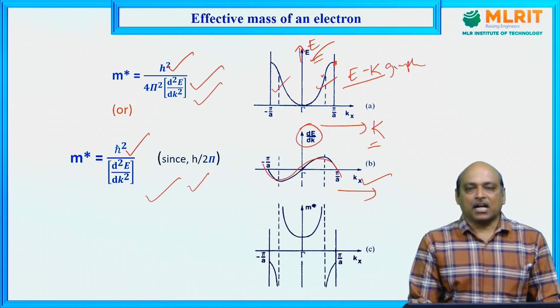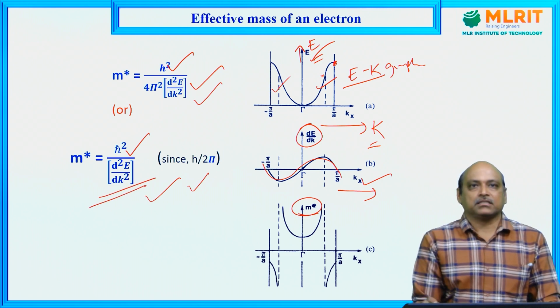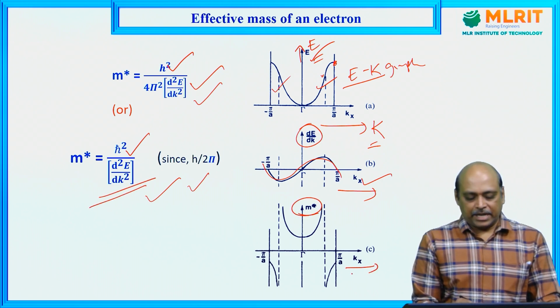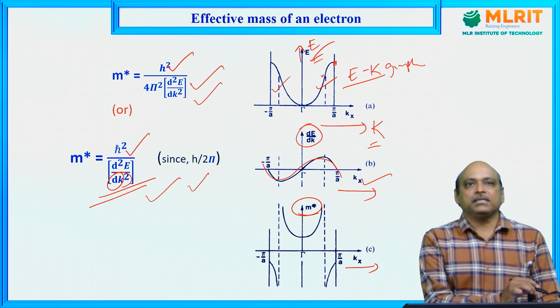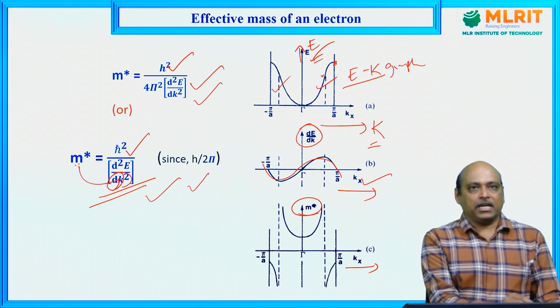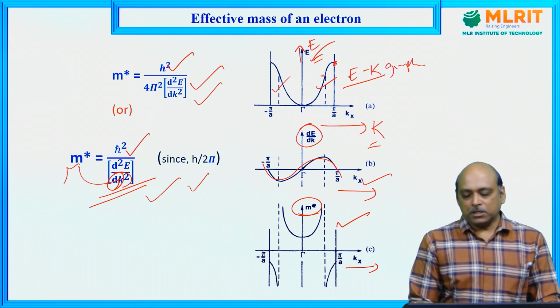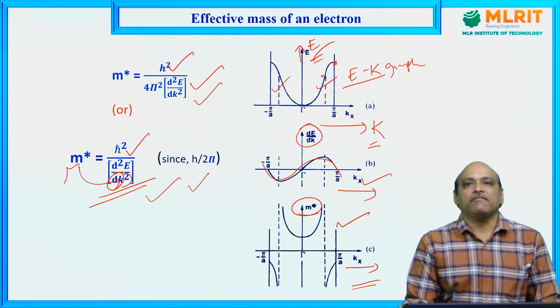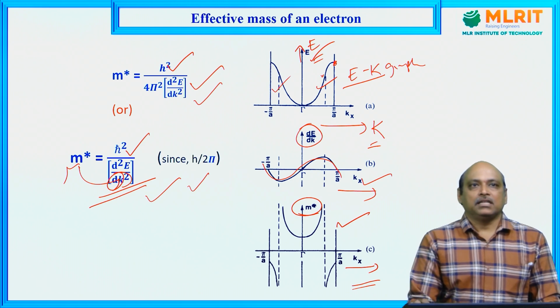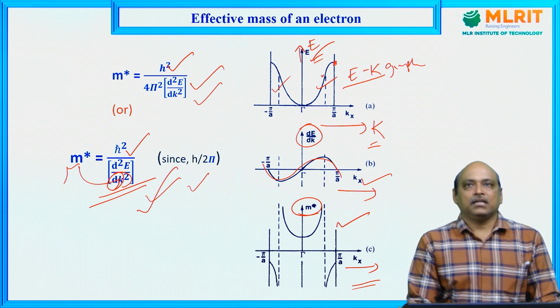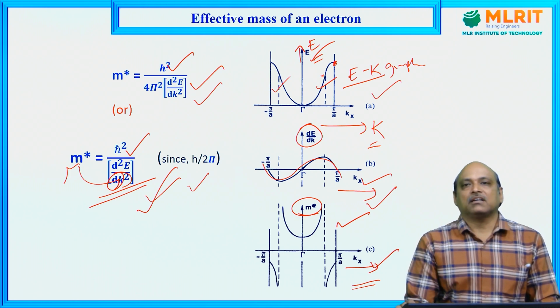If you draw a graph of the effective mass versus k, since the k term is there in this expression, the variation of effective mass changes according to the k values like this. So this is the derivation of effective mass, and the E versus k, dE/dk versus k, and finally m* versus k graphs.